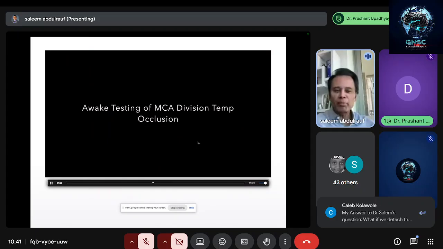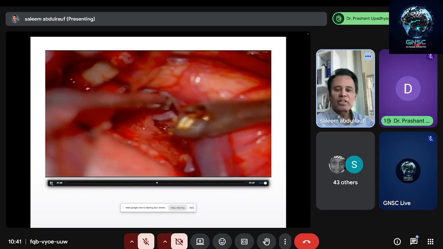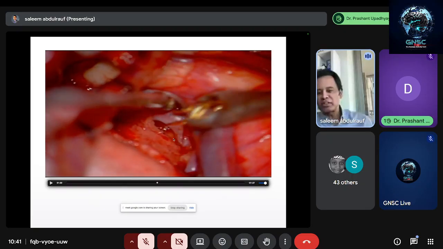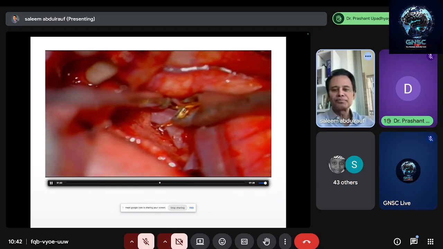Now we go to the brain part, all right? Now, to be safe, traditionally this operation is done under general anesthesia. I moved it to awake so that I know that the patient can tolerate it. Different vessels tolerate different amounts of time. You don't know. There is no technology. So you have to know if the patient will tolerate temporary occlusion of this middle cerebral artery, okay? So I'm going to put a temporary clip here.